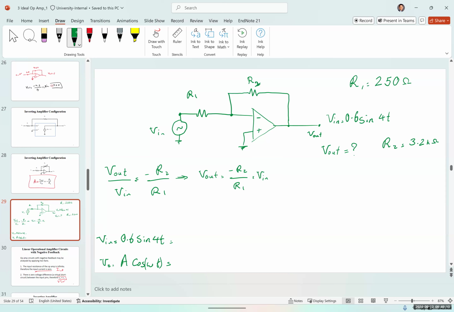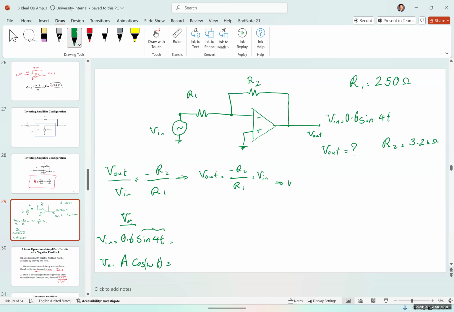We don't care about the second part, the frequency. The op amp doesn't alter the frequency at all. So we are just interested in the amplitude A, which is the maximum voltage. So it only multiplies into the amplitude.